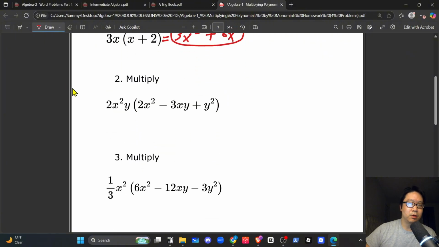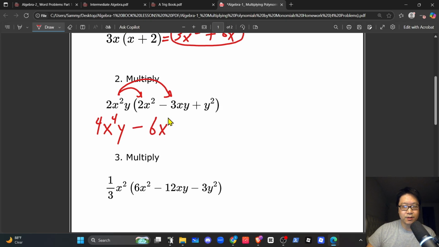Number 2, 2x squared y times 2x squared gives us 4x to the 4th power times y. And then 2x squared y times negative 3xy is going to give us negative 6x to the 3rd power and y squared.